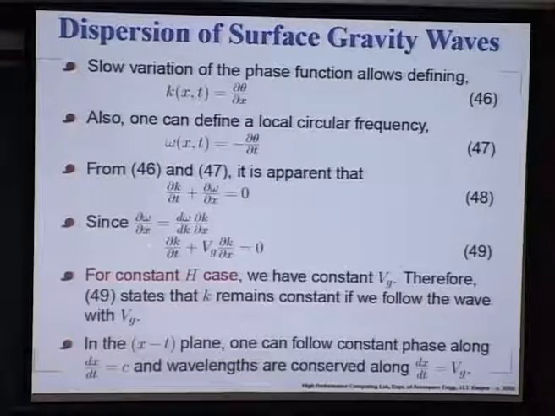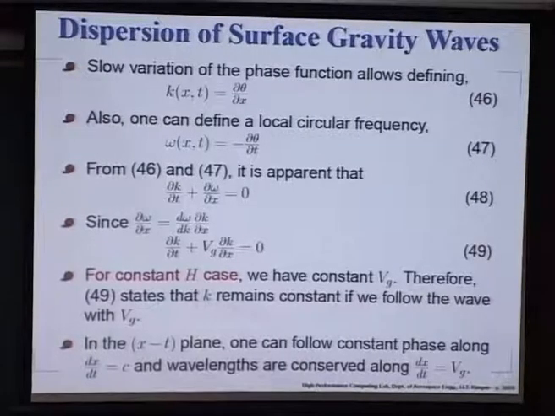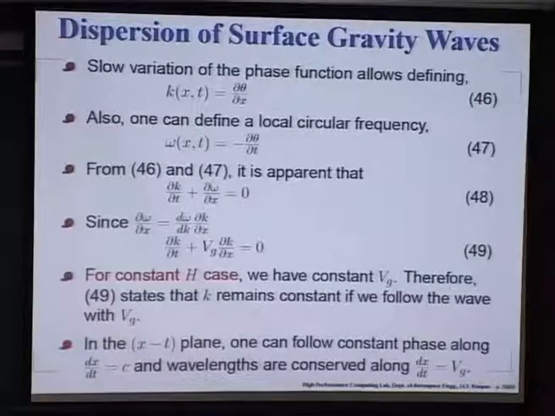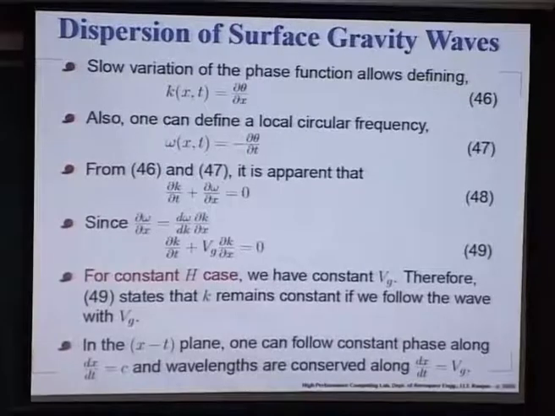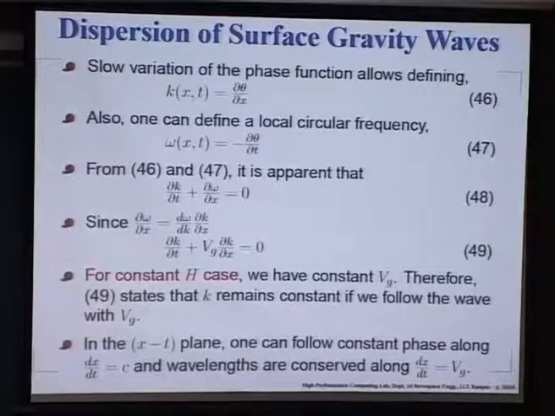So, you see a very interesting property that for such slowly varying waves, del k del t plus del omega del x goes to 0, and this del omega del x we could also write with the use of chain rule in terms of d omega d k into del k del x.